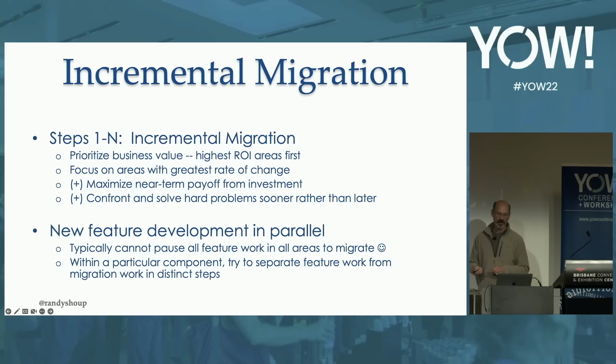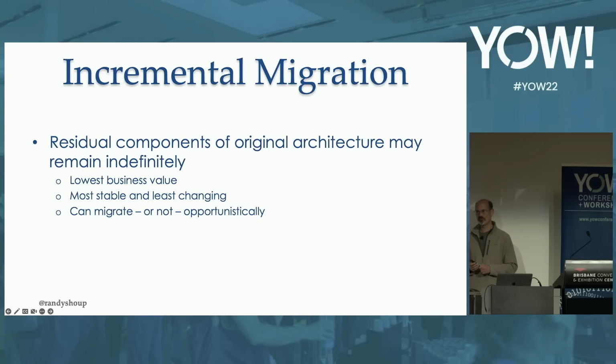Okay. And this comes from my experience at eBay and other places, but it turns out that there are residual components of that original architecture. They might remain indefinitely. There were years after the V3 migration was supposedly done at eBay where there were still a few pages that were served by V2.